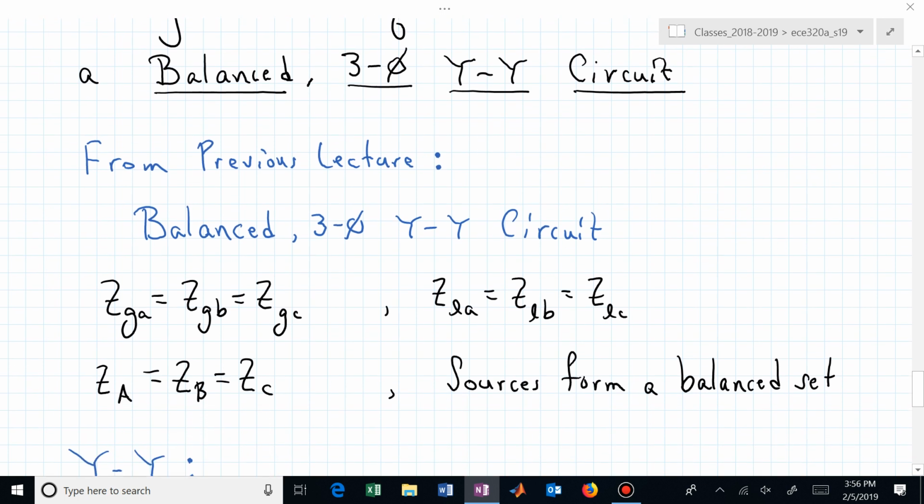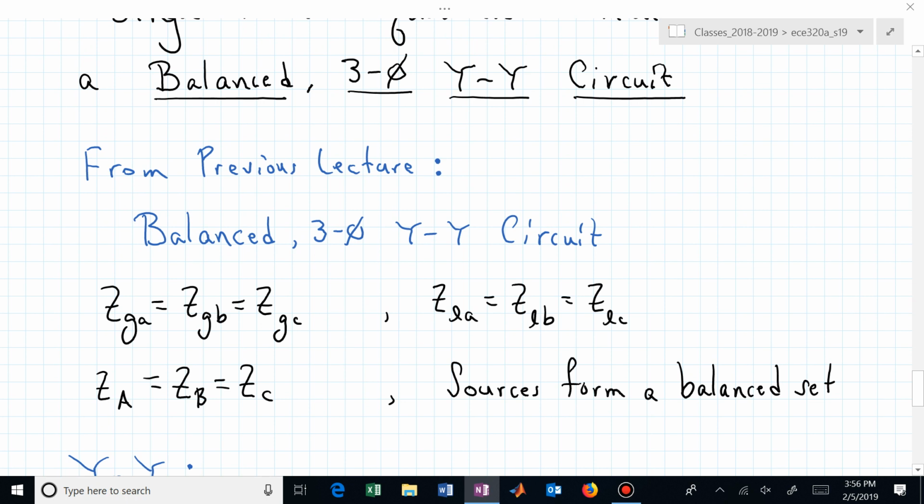From the previous lecture, we said what constitutes a balanced three-phase YY circuit. Our generator impedances are the same in the A phase, B phase, and C phase. We're assuming the transmission line impedances in all three phases are the same, and the load impedances in all three phases are the same.